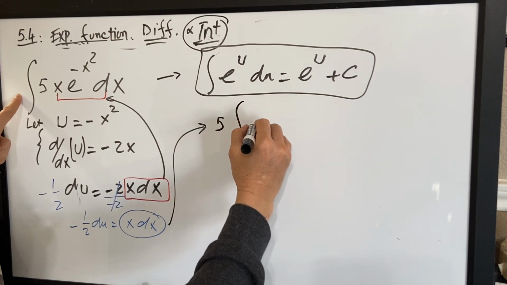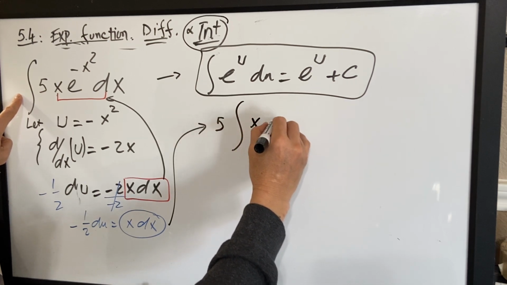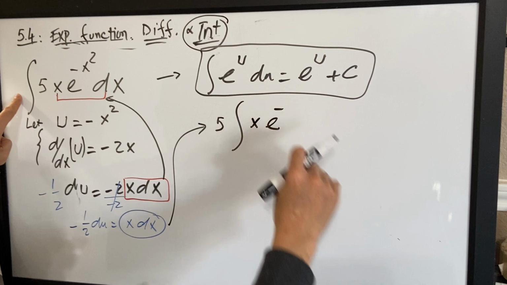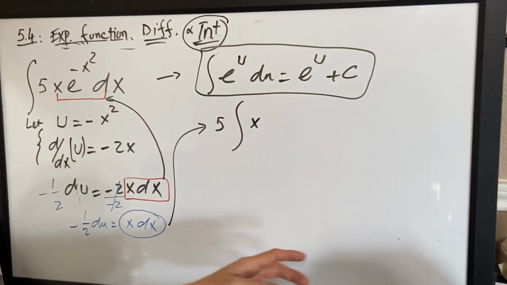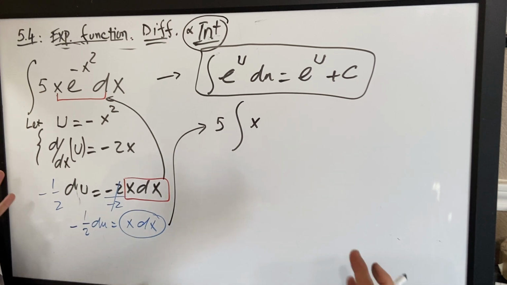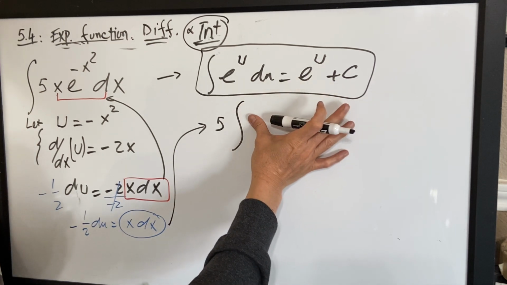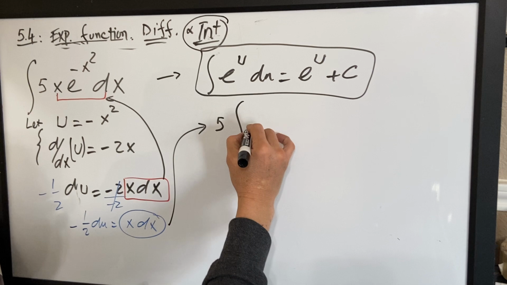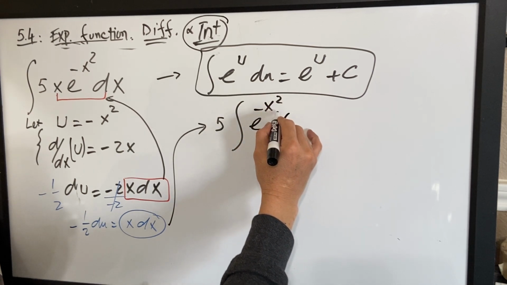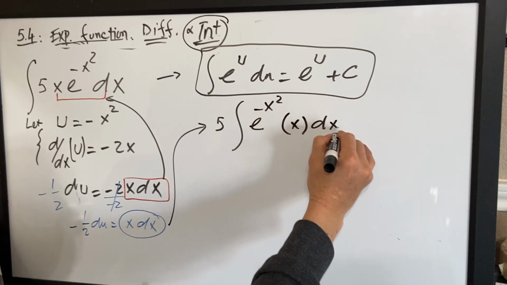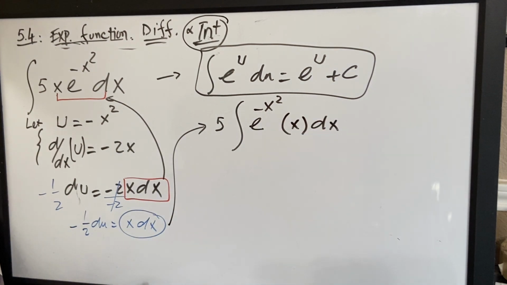There we go. My x e to the negative x squared. Look, I'm going to do something that you will like too. I just reorder a product of two numbers, a times b equals b times a. Instead of writing x times e to the negative x squared, can I do this? There we go. All right, just want to be careful.